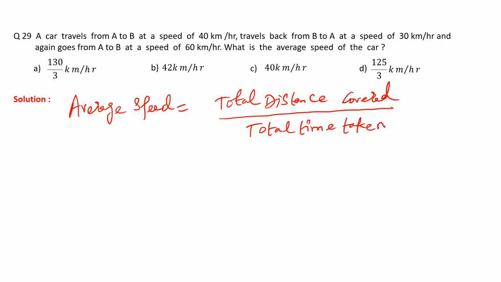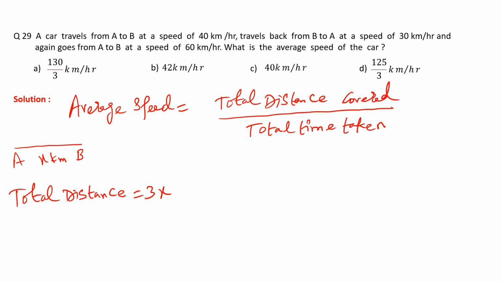Now, first of all, let's consider that the distance between A to B is suppose x kilometer. Now that means total distance will become 3x because the car is going from A to B, then coming back to A from B, and then again going from A to B. So it is 3x.